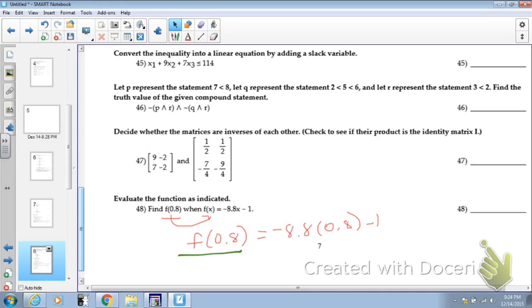This is the function f, and it says replace the x in there with a 0.8. That's just the name. So you're going to take negative 8.8 times 0.8 and subtract 1, and you're going to get negative 8.04. So when x is 0.8, the output, or f of x, is negative 8.04.